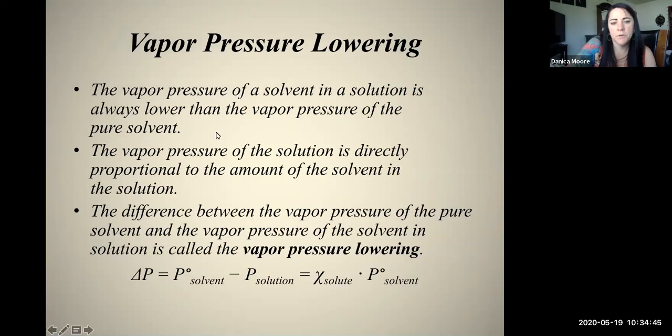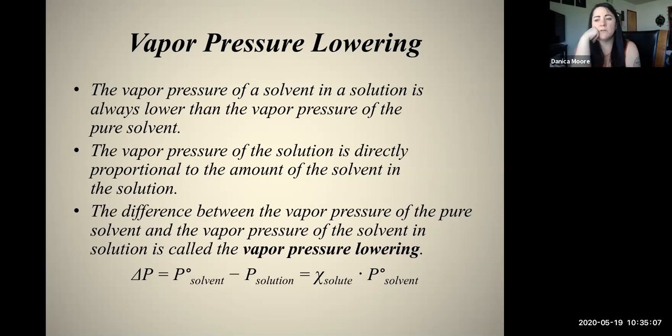So vapor pressure lowering. The vapor pressure of a solvent in a solution is always lower than the vapor pressure of the pure solvent, okay? Now, this is true when you have a solute that is non-volatile, right? The vapor pressure will always be lower.